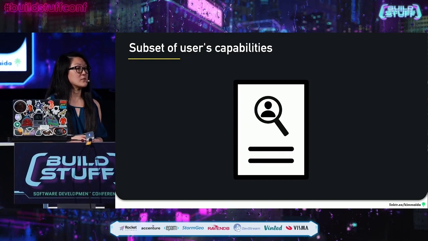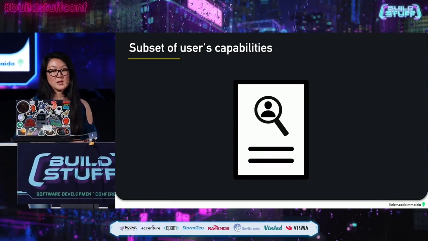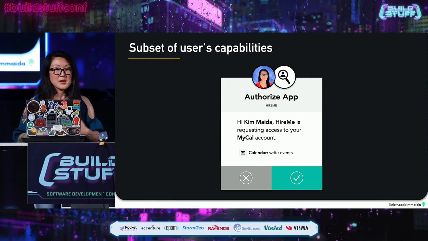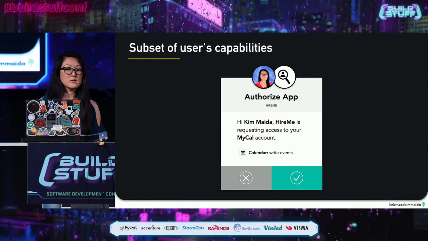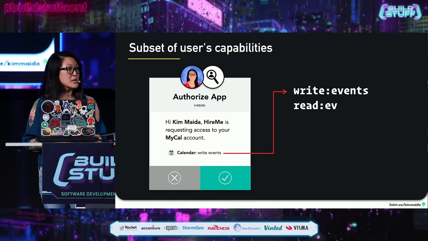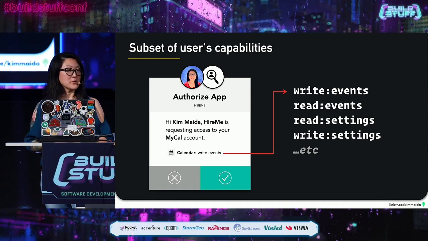Well, more realistically, this consent dialog might look something like this. And I'm sure you've seen things like this when you sign in with Google or something. It asks you to allow certain permissions. So HireMe could ask for a variety of different scopes in this case, but you shouldn't overload scopes with user-specific permissions because scopes are intended for app-level permissions.